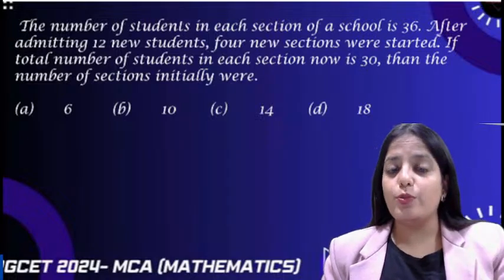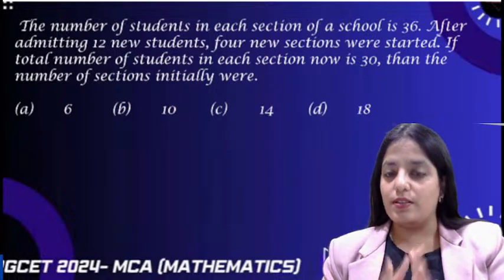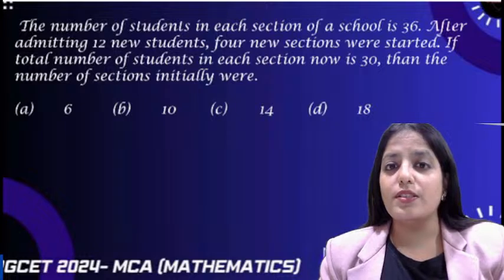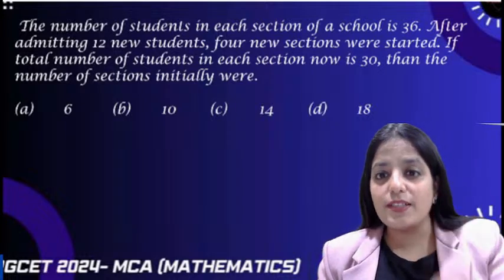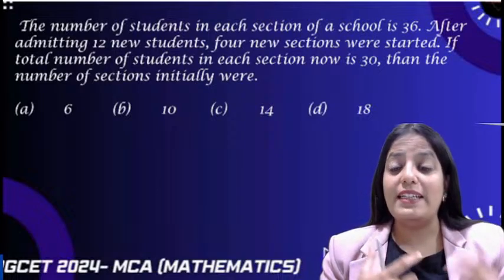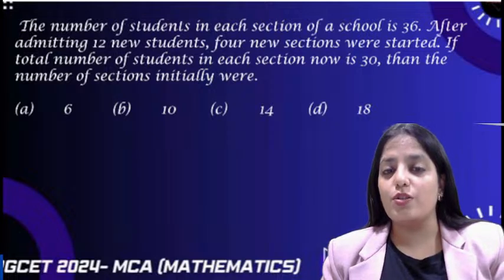If the total number of students in each section now is 30, then the number of sections initially were? Initially how many sections were there? They are asking you to find.